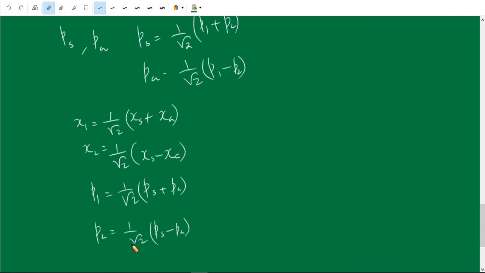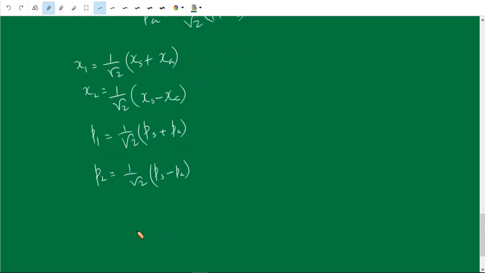So these are the displacements. Substituting this in the above equation of the Hamiltonian, the total Hamiltonian will become H is equal to 1 by 2m into P1 square, where P1 square is (PS plus PA) whole square by 2, plus (PS minus PA) whole square by 2.